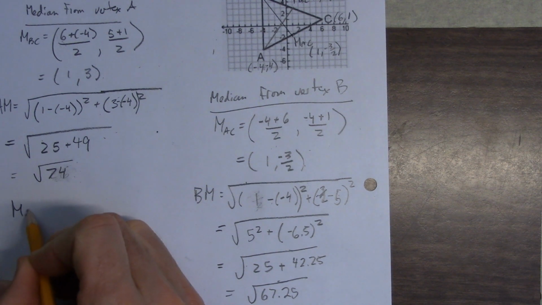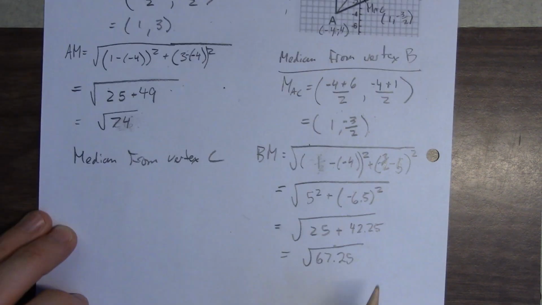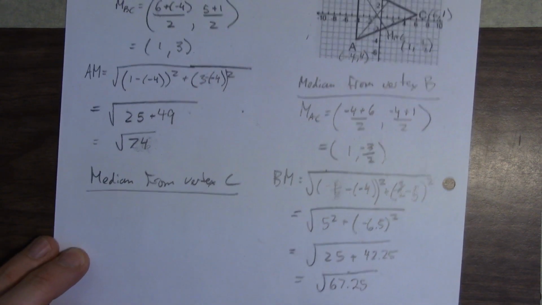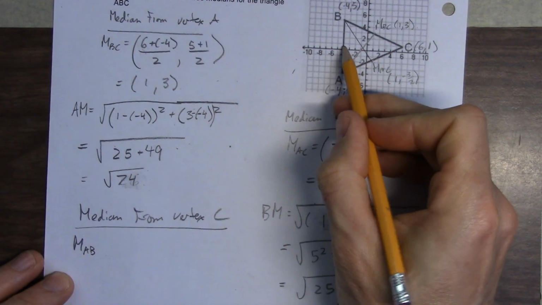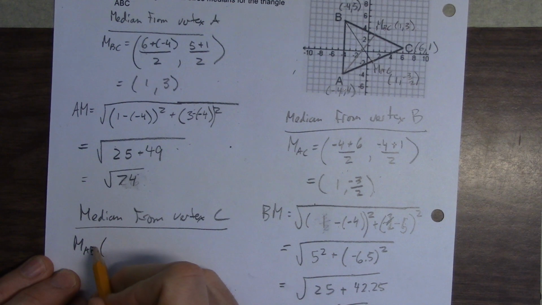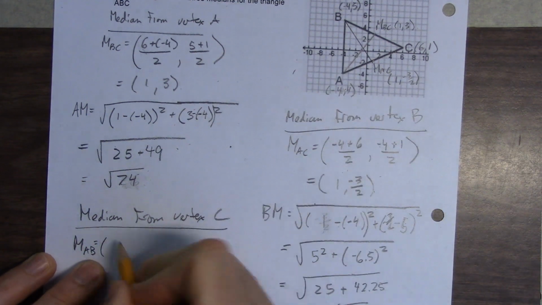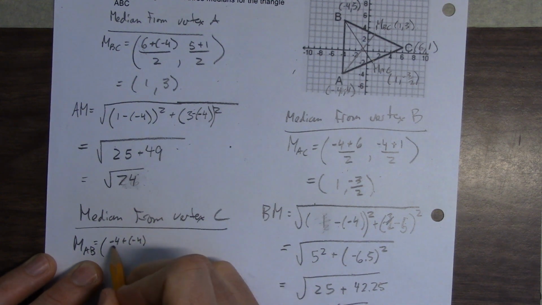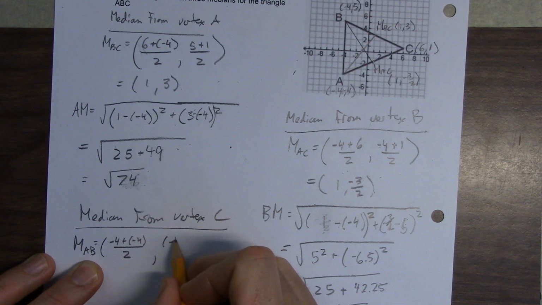The last step would be the median from vertex C, so we need the midpoint of AB, this midpoint over here. So that's going to be equal to x1 plus x2, so negative 4 plus negative 4 over 2, and then y, so negative 4 plus 5 over 2.